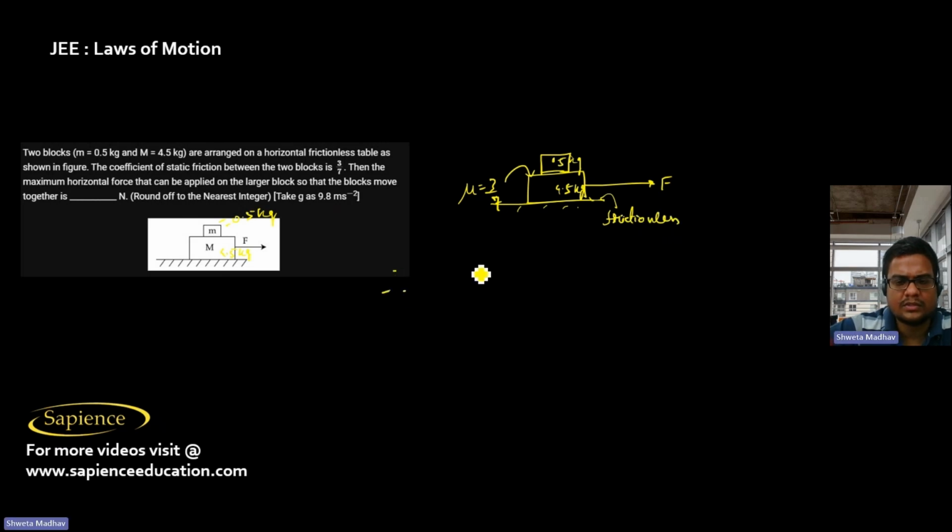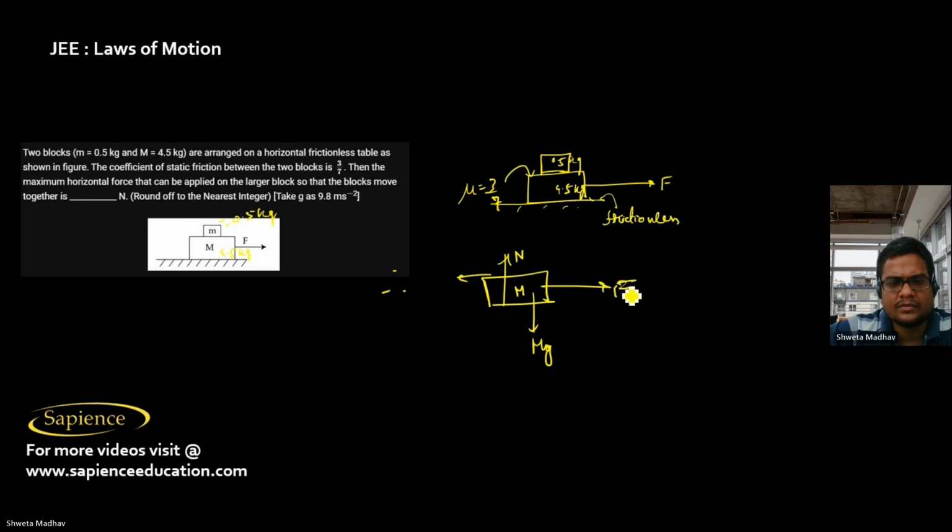So here frictional force is acting between the blocks. If we draw the free body diagram of the capital mass M, then here we have Mg, here we have normal reaction N, and here we have F, and here we have frictional force Fr.